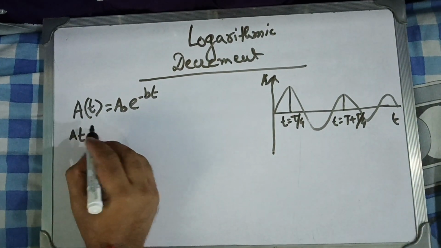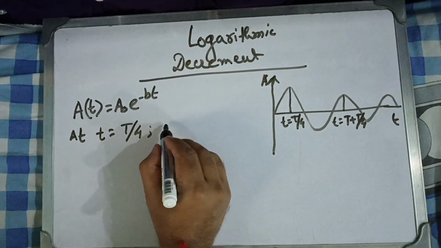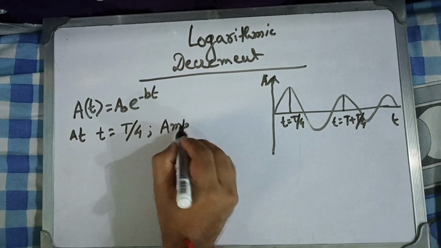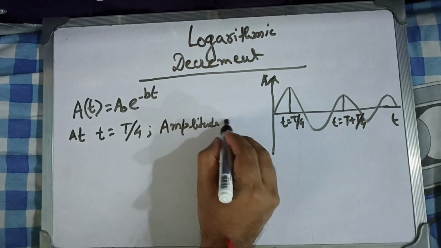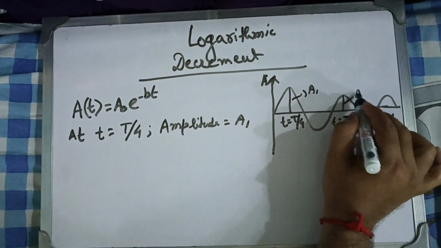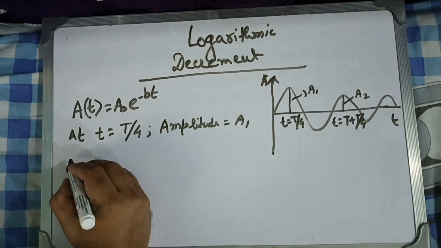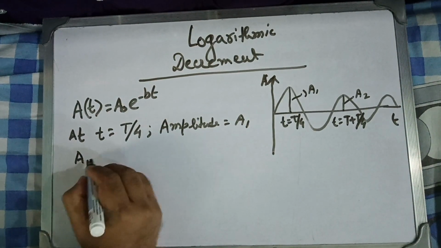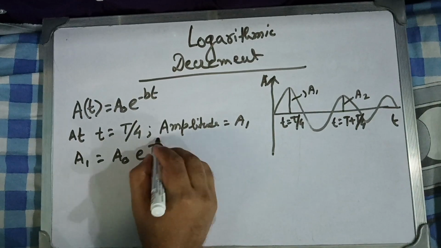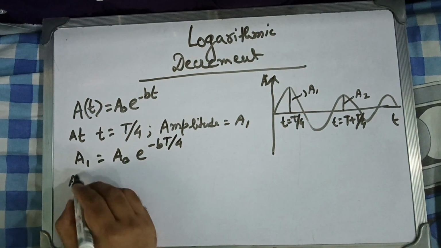Now if we consider at time t by 4, the amplitude is a1. So we can write a1 equal to a0 e to the power minus b t by 4, right? And at time t plus t by 4, that is after a full cycle, the amplitude will be a2, right?